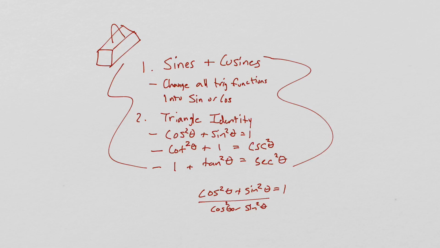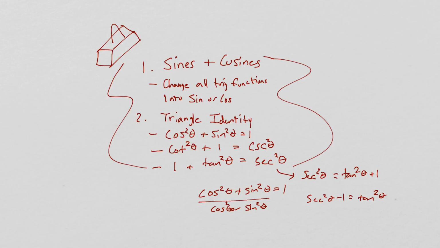So if you're on a quiz or a test and you're not given this identity, cosine plus sine is really easy to remember, and sometimes it's a little tough because when you solve out for tangent in this one, you're going to get secant minus 1 equals tangent. And so sometimes it's difficult to remember where that minus goes, if it goes with the secant side or on that tangent side.